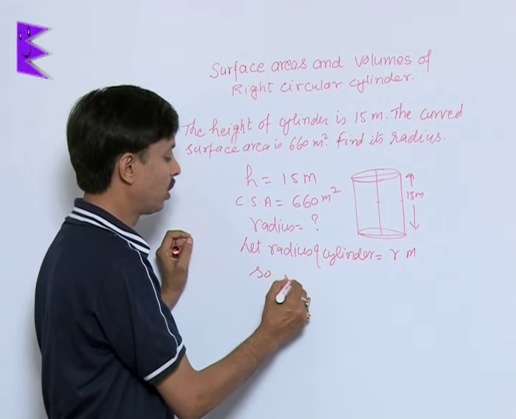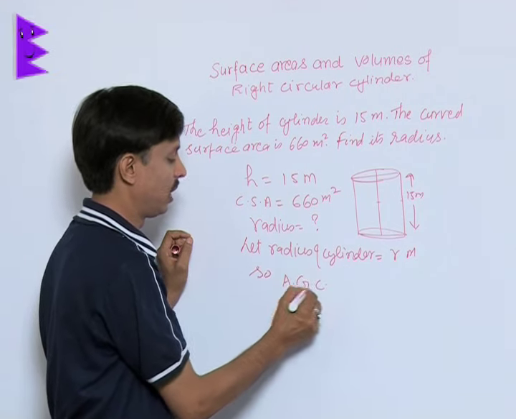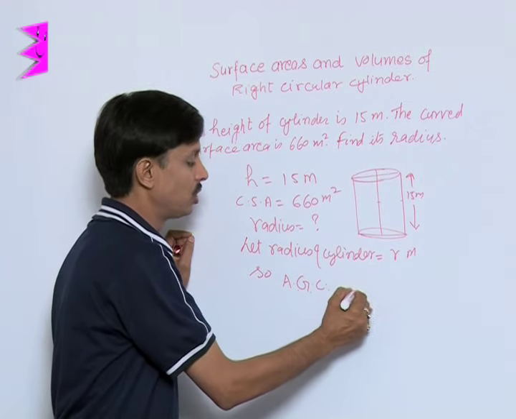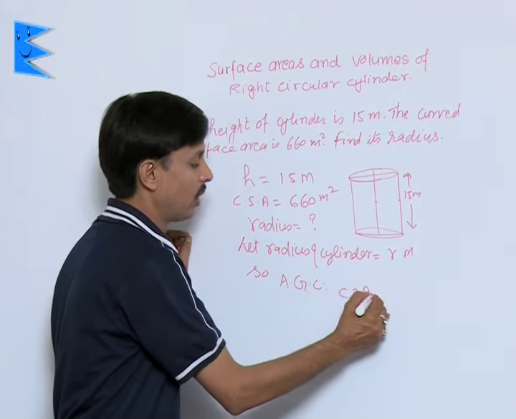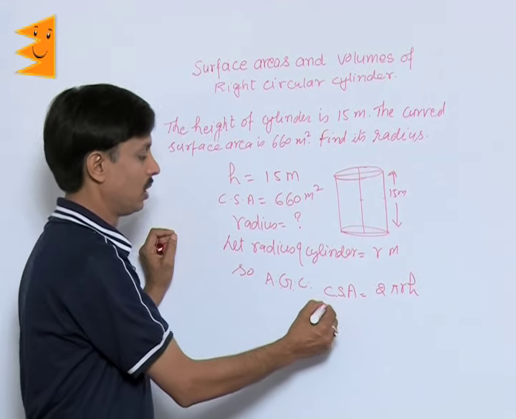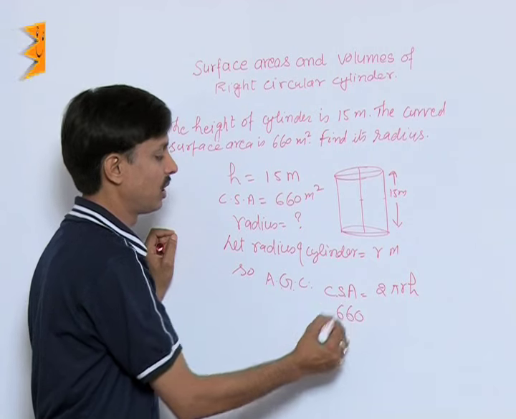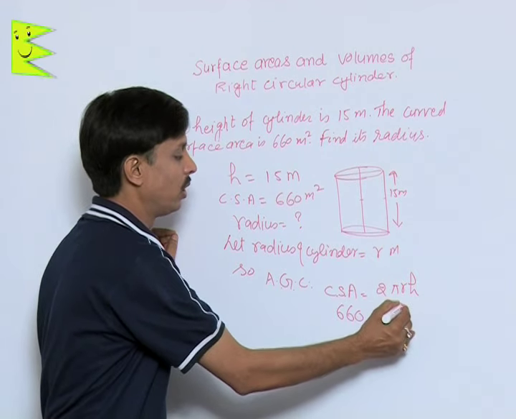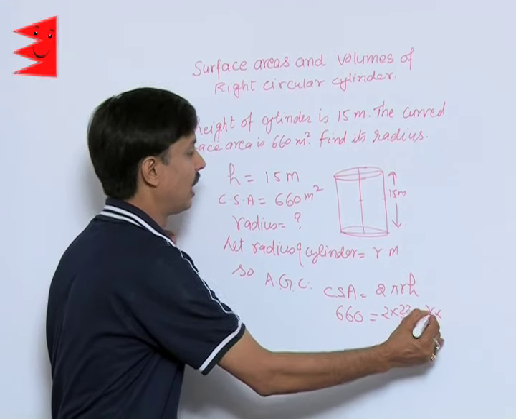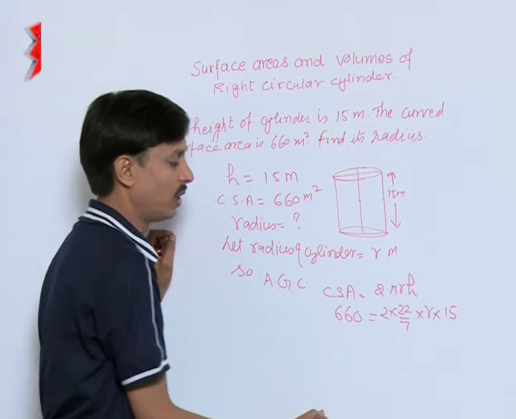According to given condition, CSA's formula we know it is 2 pi r h. CSA is 660 meter square. 2 into pi 22 by 7, radius r and height 15.